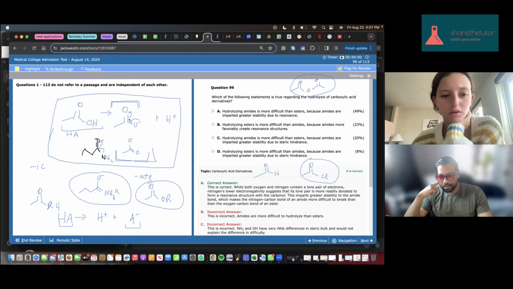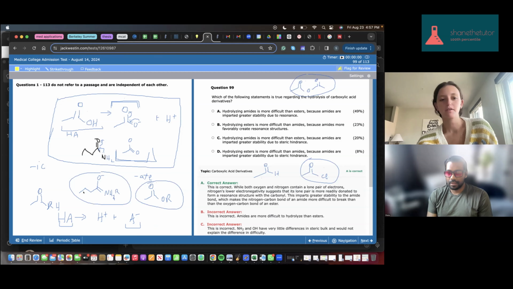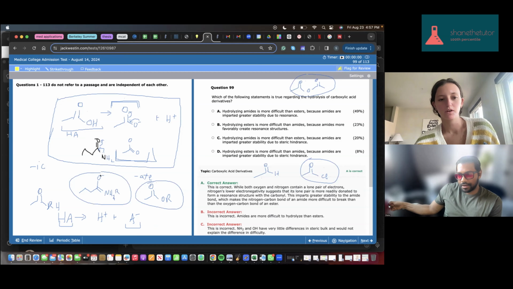So what did we talk about that can give something stability? For amides, for example, the negative charge can go and this can become a double bond. So what is that called? Resonance.